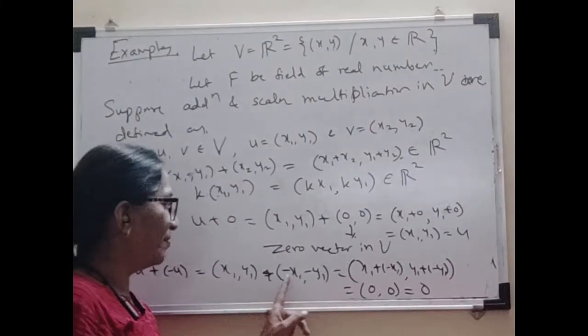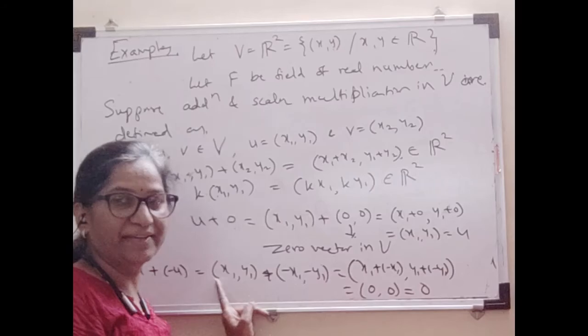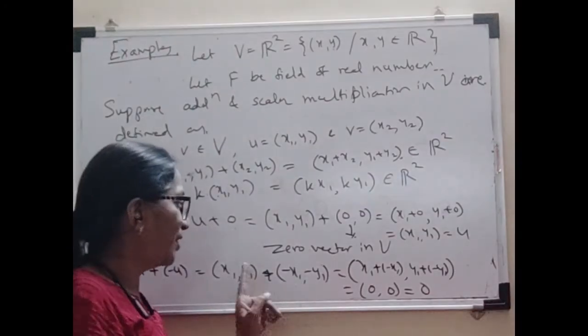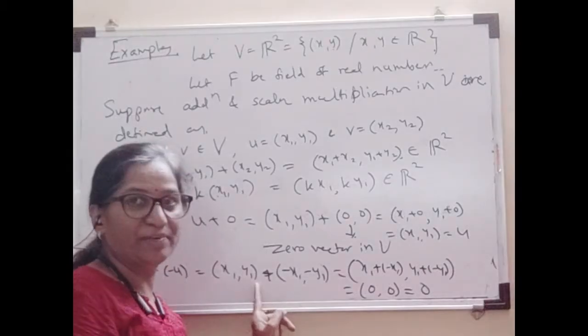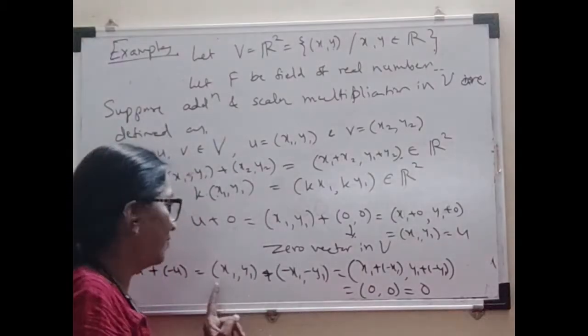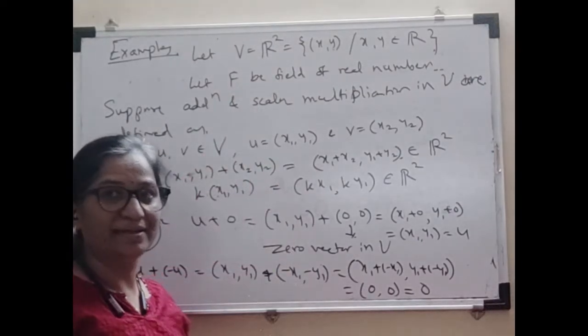So thus (minus x1, minus y1) is the additive inverse of (x1, y1) in R2. For each ordered pair in R2 there exists an additive inverse. Therefore this R2 is a vector space over R.